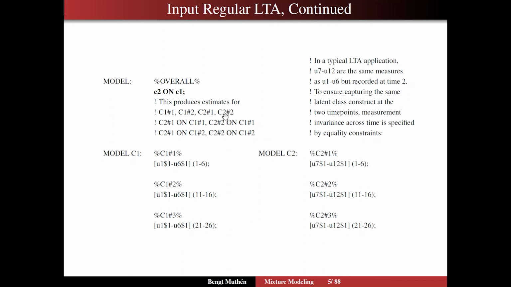C2 class 1, C2 class 2, they produce the intercepts in the regression of C2 on C1. You can explicitly say these things in the model. You would have to put brackets around them because they are level related parameters. This is a mean, this is an intercept to talk in continuous variable terms, and here are the 4 slopes.